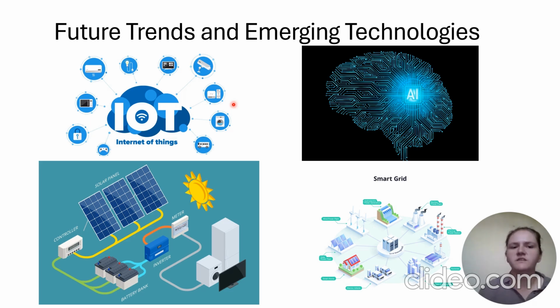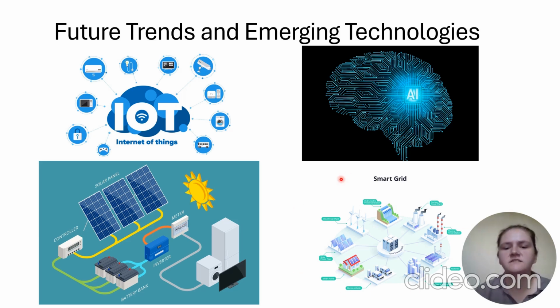Cloud computing will be more suitable, I guess, for power quality applications because the devices are smaller and you need a lot of these devices. IoT and AI, artificial intelligence, can work together because IoT gathers a lot of data, and this data can feed the AI, and then the AI can analyze this data to detect anomalies and predict faults.